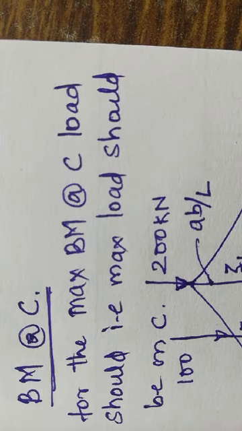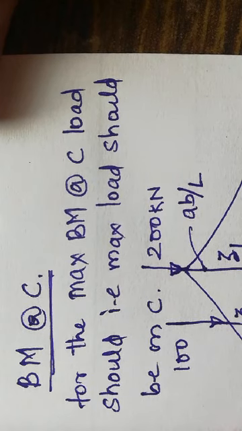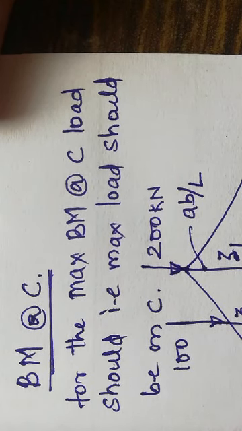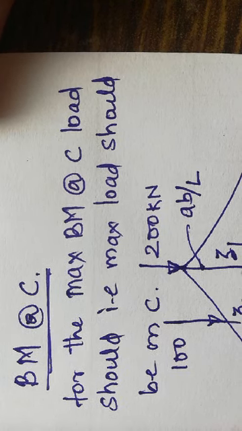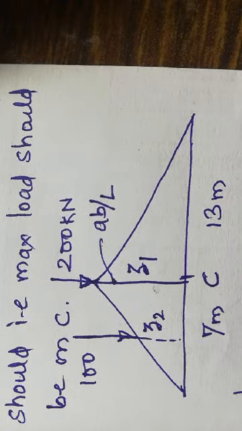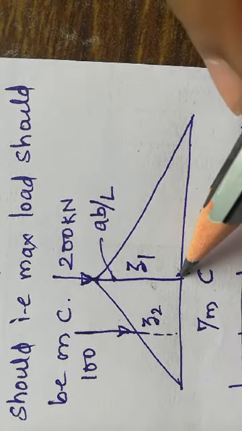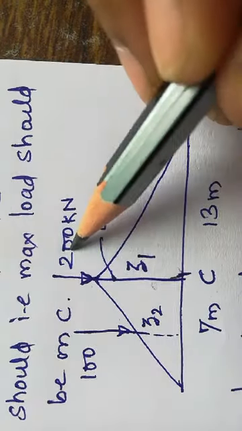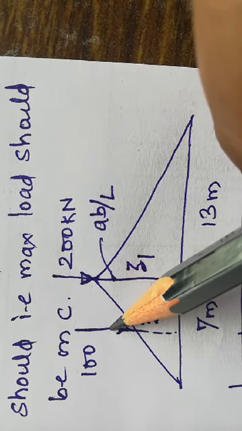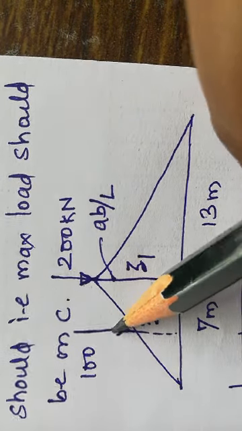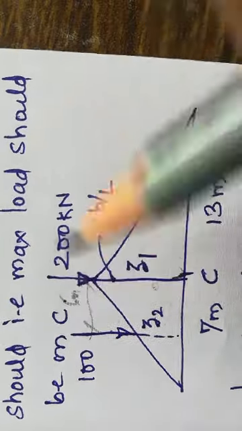Next, we have to calculate the maximum bending moment at C. For maximum bending moment at C, the heavier load should be placed at that particular point, which for us is C. So I will be placing the heavier load on C. This is the influence line diagram for bending moment, and at C I will be placing the 200 kilonewton load, and behind it the 100 kilonewton, separated by a distance of 6 meters.